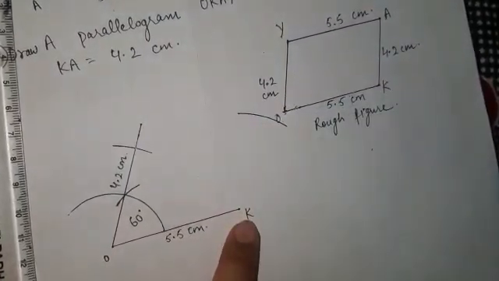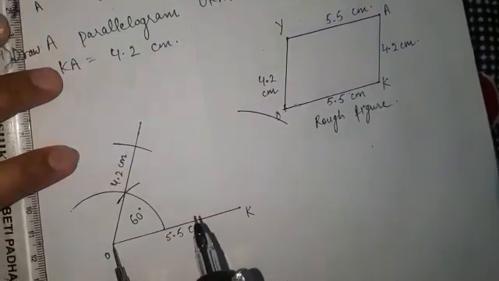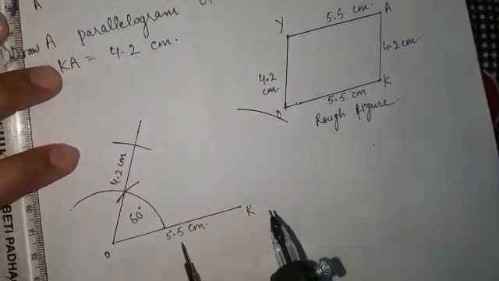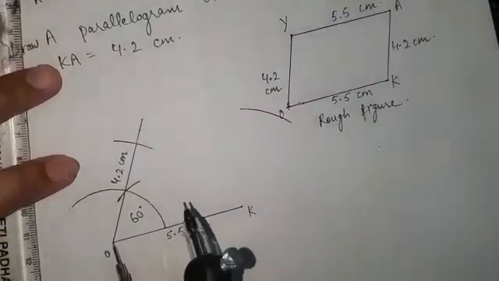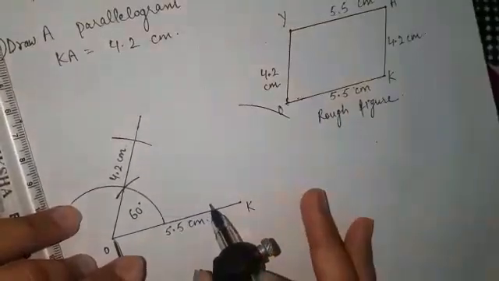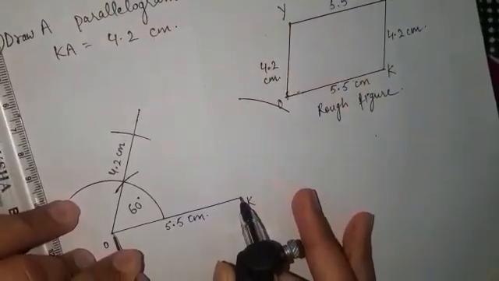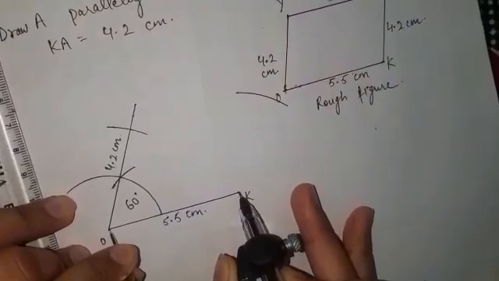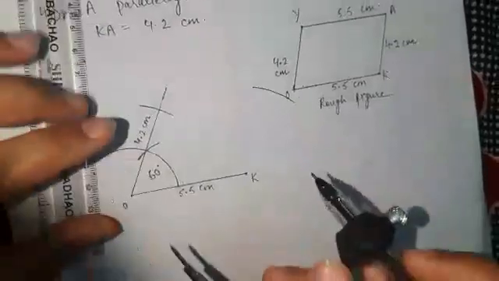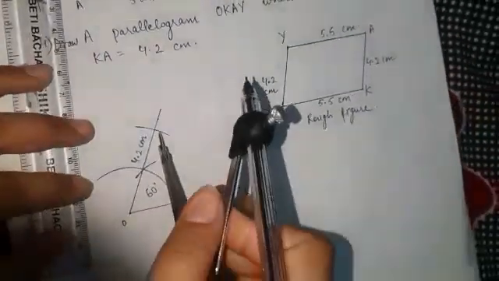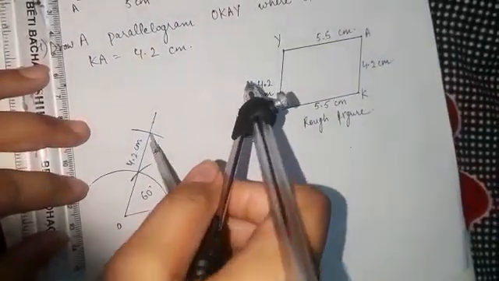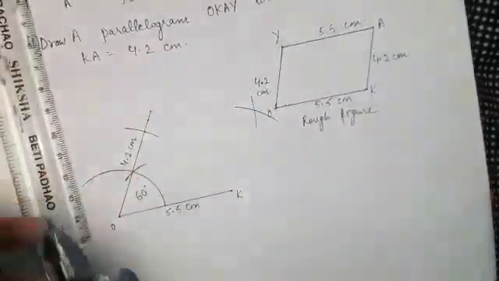So draw an arc. Now from O to K the distance is 5.5, which means the opposite side of OK will have the same distance. So take the same distance equal to OK. I have taken the distance from the line segment only. Now from this point draw another arc.